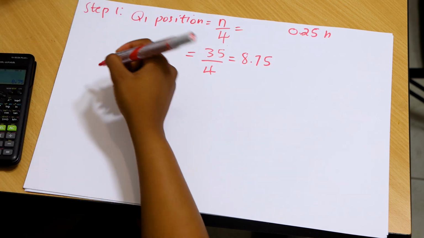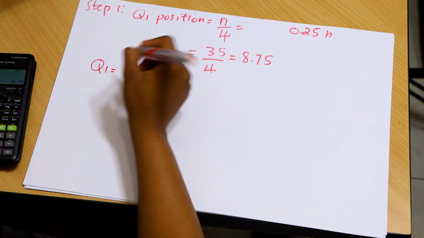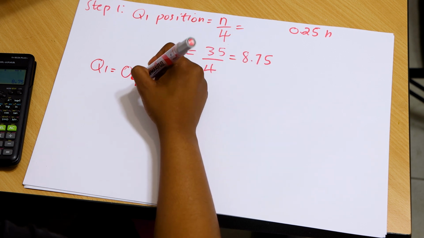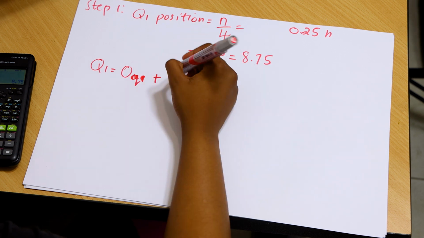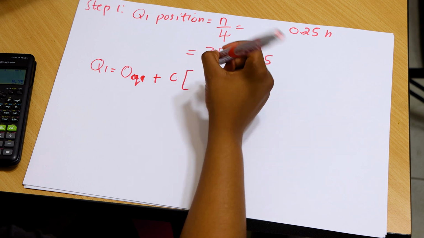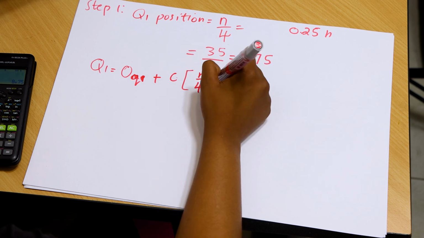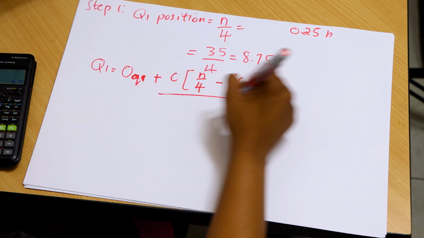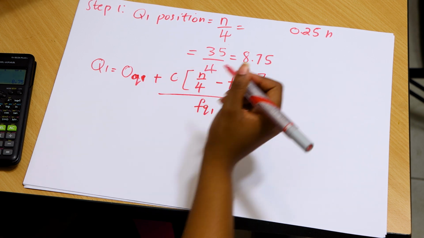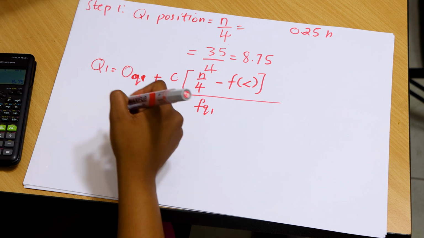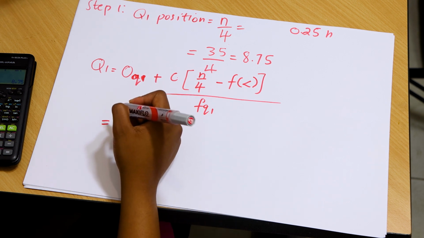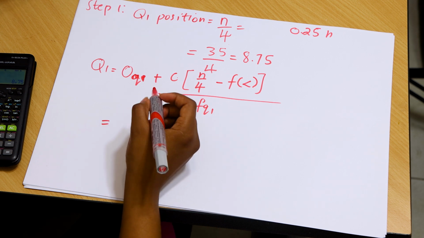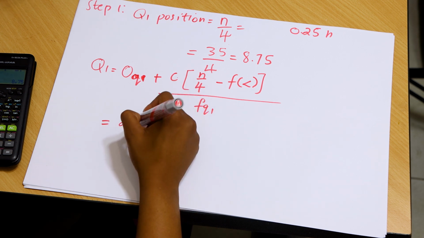Then we can substitute into the Q1 equation, which is given by the lower limit of Q1 plus C, which is the class width, times n over 4 minus the cumulative frequency of the interval before, divided by the frequency of the Q1 interval. The interval is from 20 to less than 25, so the lower limit is 20.